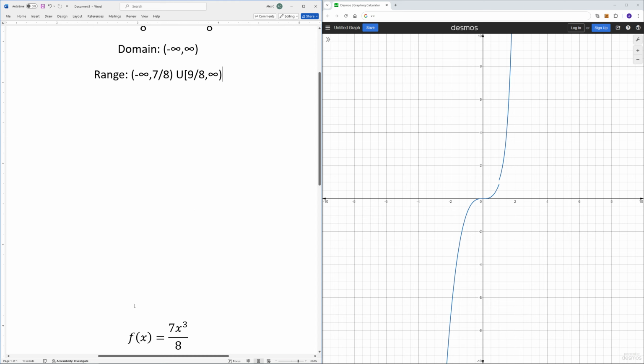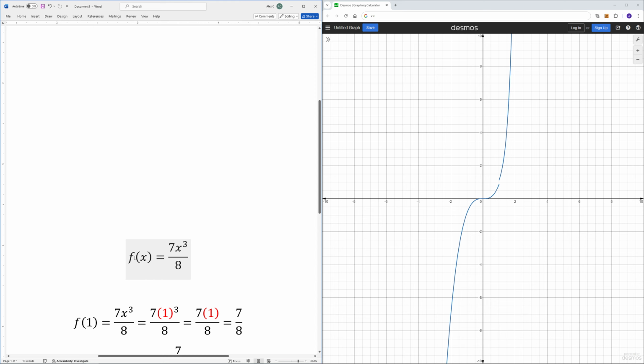So let's talk about how I determine this range. We're going to talk about the piece defined as 7x cubed over 8. So f of x is equal to 7x cubed over 8, because we know this is defined for values infinitely close to 1. I chose the non-inclusive limit of 1 to substitute in.